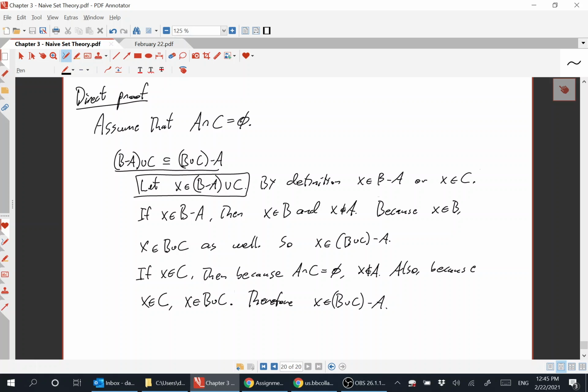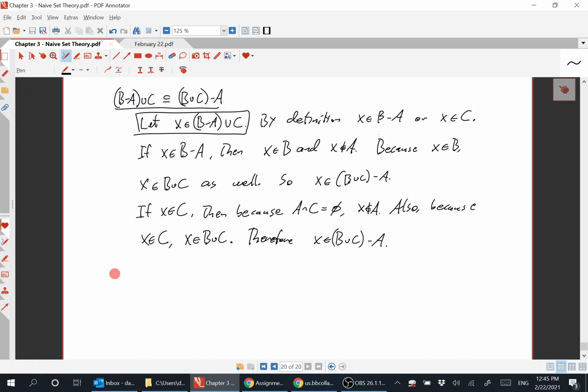B union C minus A is a subset of B minus A union C. So now we want to show that B union C minus A is a subset of B minus A union C. First sentence of this part.